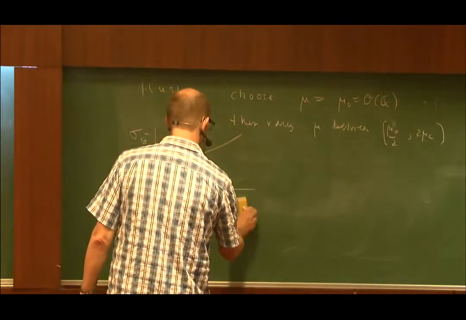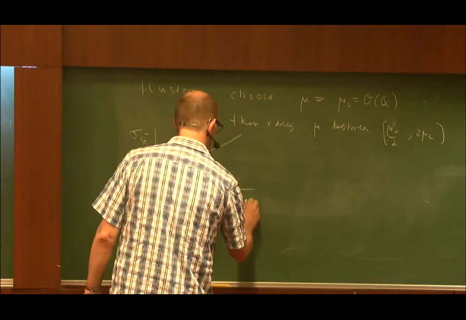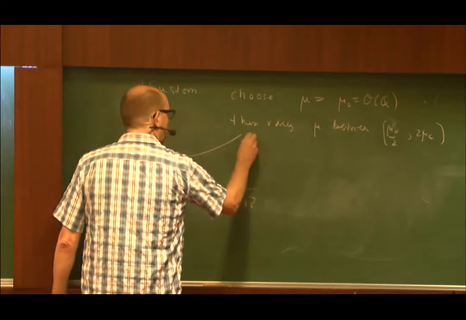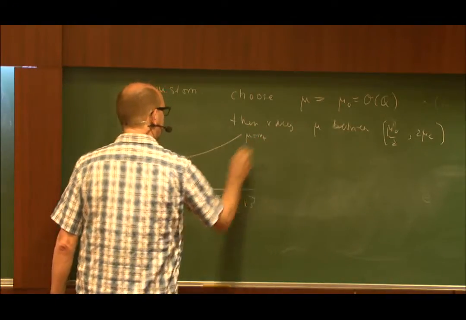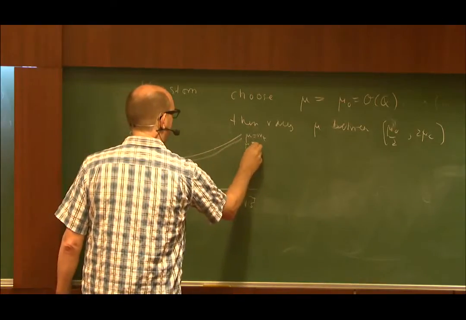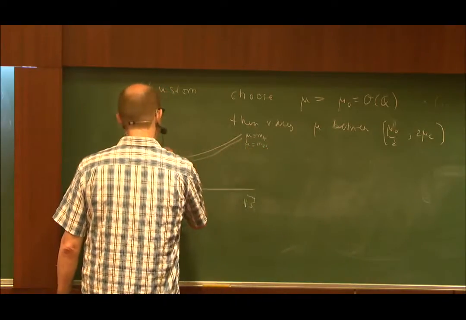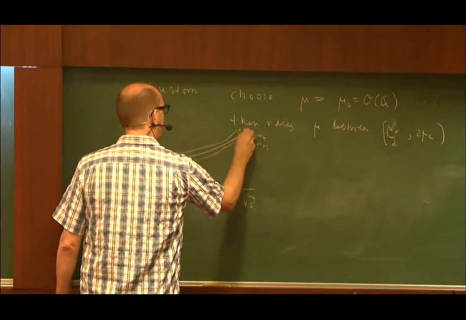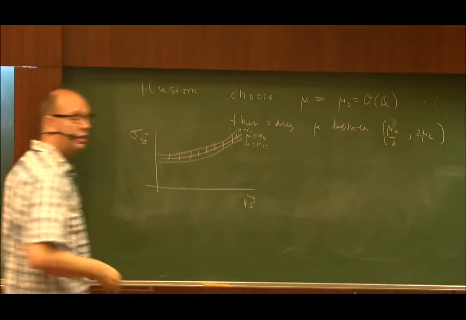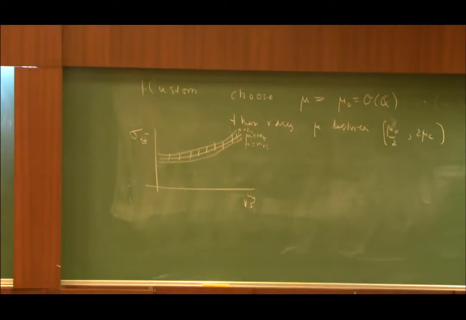As a function of the square root of the collider energy. So this would be for the choice mu is equal to mt, and if you then vary to mu is a half mt, and here mu is 2 mt, you get a bit of an uncertainty band. It's a way of estimating a theoretical uncertainty in your predictions.